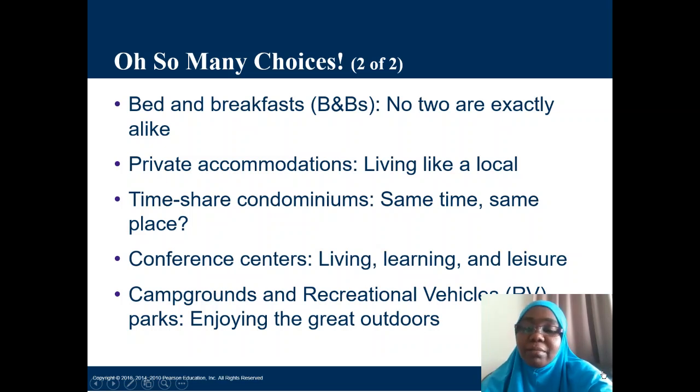For the bed and breakfast, it's just a room with a bed, and the breakfast is provided. For private accommodation, it may have a sitting room or living room or spare bedroom and so on. So they are almost similar, but the visitors stay in the owner's home, as if they are in their own houses.